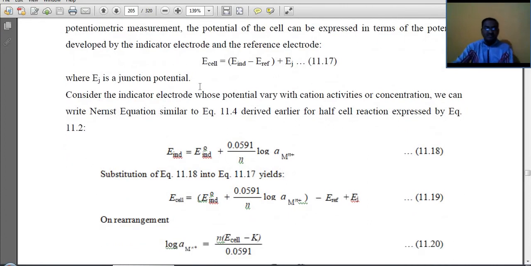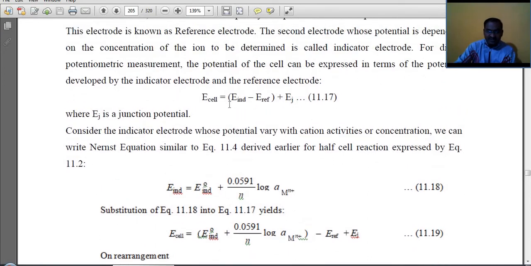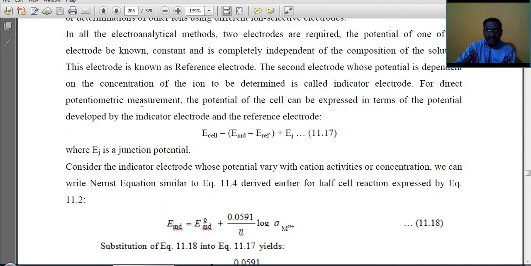Here, a junction is formed between them. In direct potentiometric measurement, the potential of the cell can be expressed in terms of the potential developed by the indicator electrode and the reference electrode. E cell is equal to E indicator electrode potential, minus E reference electrode, plus E junction potential.